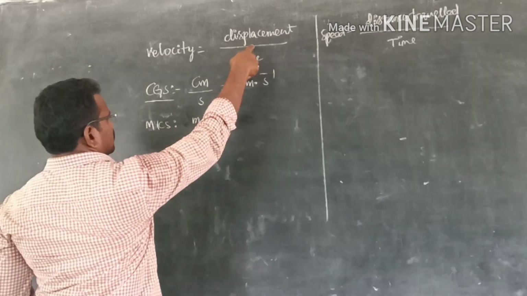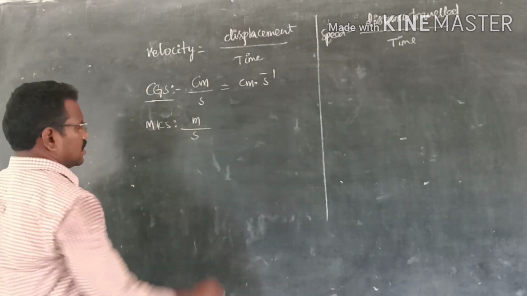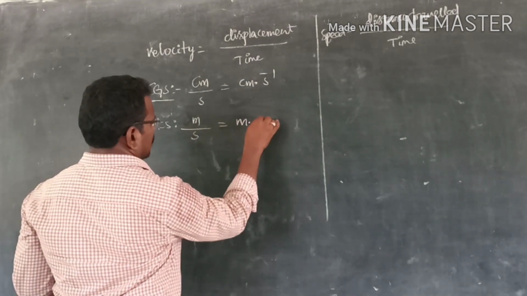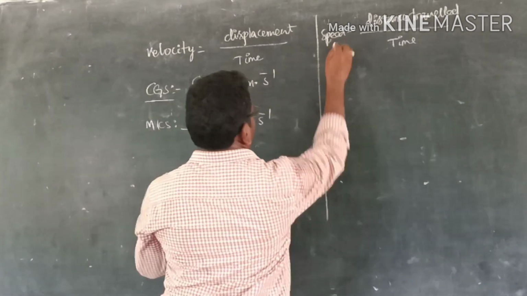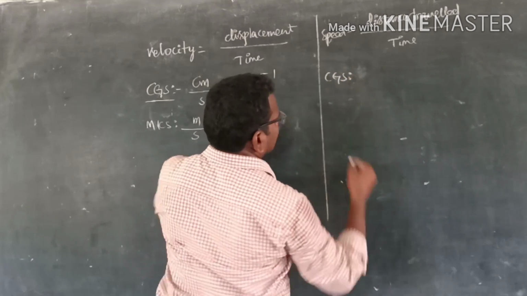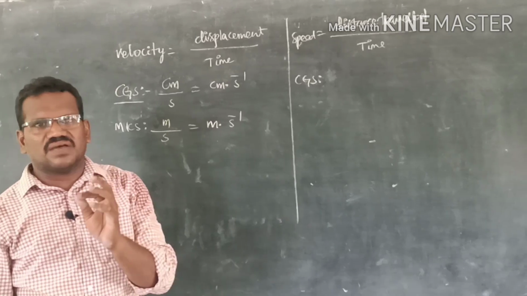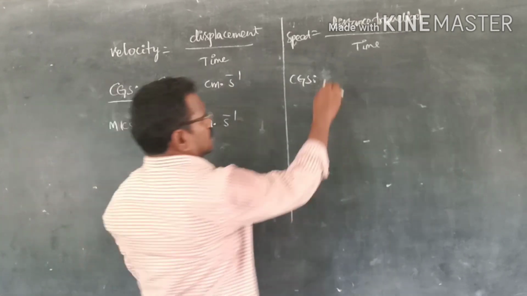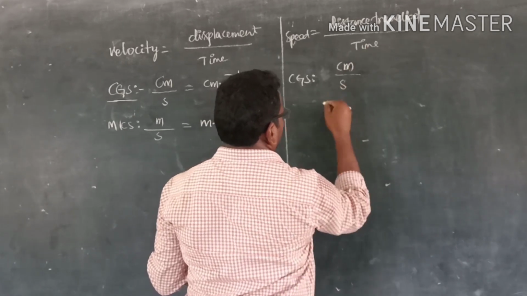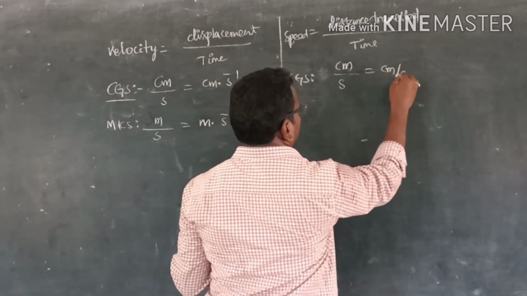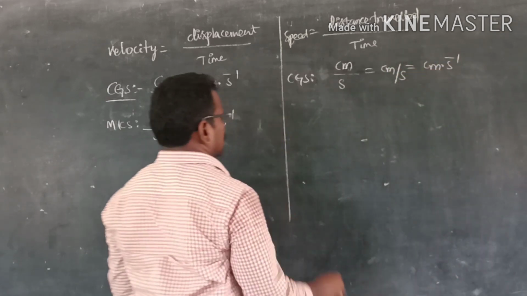Then the MKS unit is meter per second. Why? Because the displacement is nothing but length, and the MKS unit of time is second. It is also represented as meter into second power minus 1. Now coming to speed, the CGS unit of speed: distance traveled is nothing but length, so the CGS unit becomes centimeter, and with time it becomes centimeter per second, or centimeter second inverse.